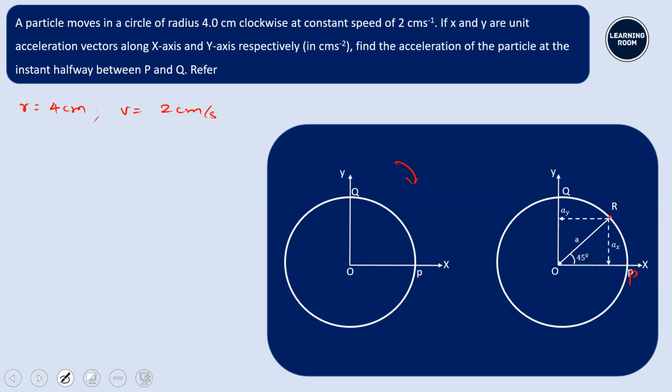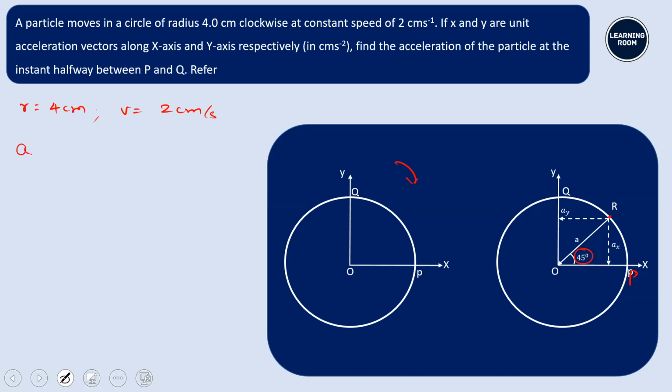So between the point P and Q, there is a point somewhere midway. So when I say somewhere midway, the particle has actually revolved. So how much of the angle has it covered? 45 degrees, because it will be an angular bisector. So when it is 45 degrees, we need to find what is going to be the acceleration of the particle at that position.